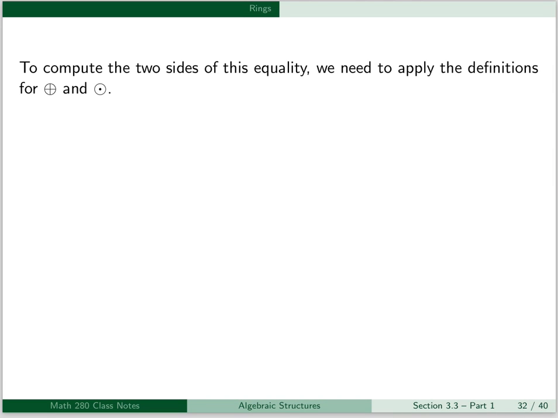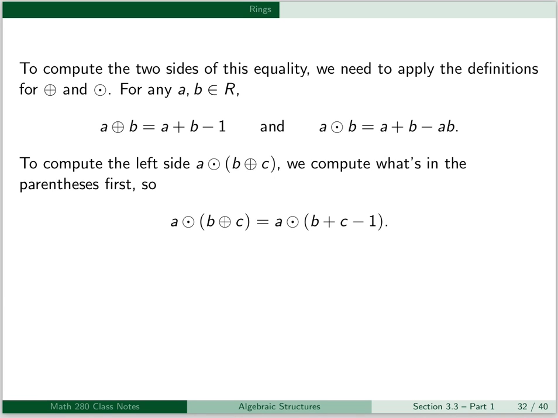Now to compute the two sides of this equality, we need to apply the definitions for ⊕ and ⊙. For any a, b in R, a ⊕ b is equal to a + b − 1, and a ⊙ b is equal to a + b − ab. So to compute the left side, a ⊙ (b ⊕ c), we compute what's in the parentheses first.